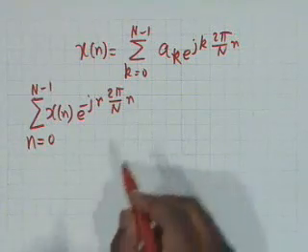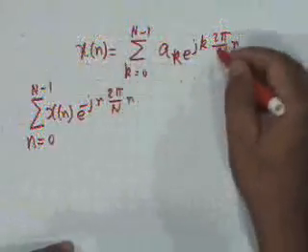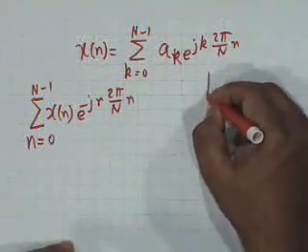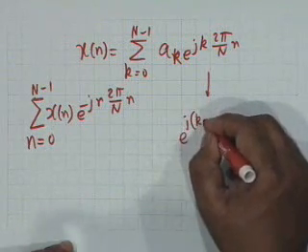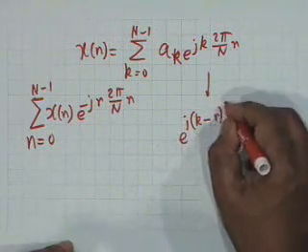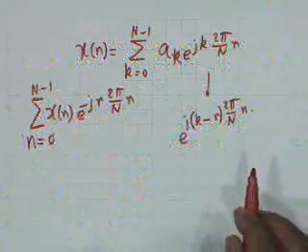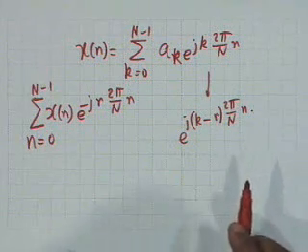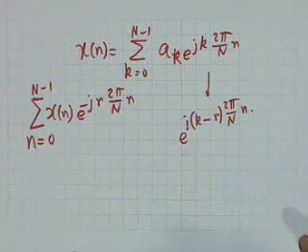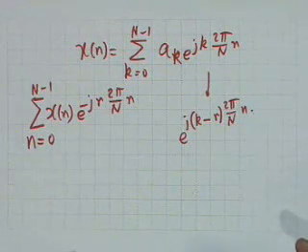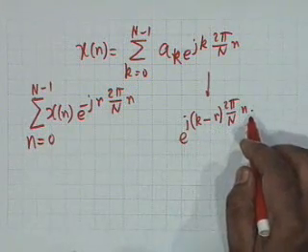Now, if you multiply on both sides, in the exponential you get e to the j (k minus r) 2 pi by N times n, where the summation is over k and small n.